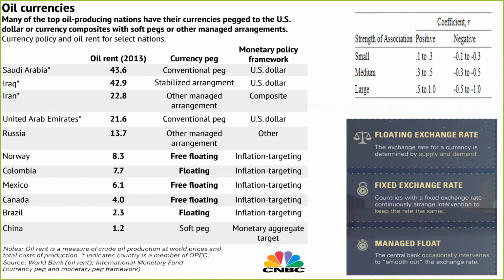Now, to remain competitive in the global marketplace and avoid the impact of the constant fluctuation of a floating currency exchange rate, a lot of the smaller economies choose to peg to a major currency, usually the dollar or the euro. And it's usually whoever they trade with the most.